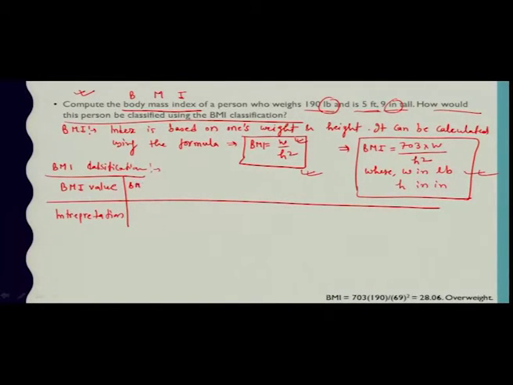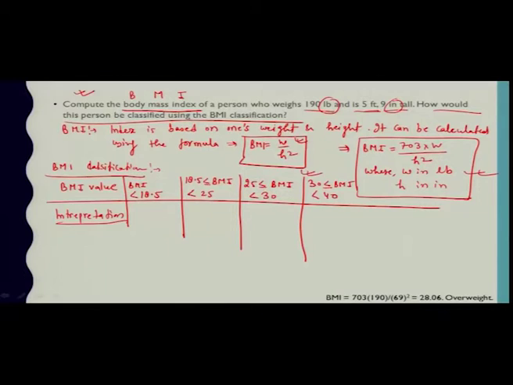If BMI is less than 18.5, if BMI is in between 18.5 to 25, if BMI is in between 25 and 30, and if BMI is between 30 and 40, what could be the interpretation?